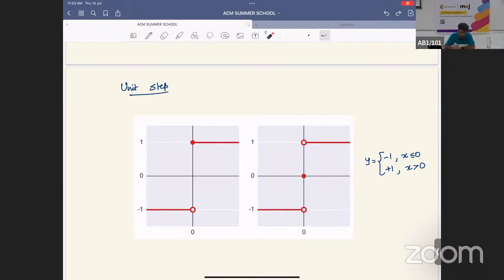And at 0, what happens? There is ambiguity here. Here, this dot says that for 0, you make it 0. Here, the 0 is pushed to 1. There are two variations. Here 0 you consider as positive. Here you don't consider 0 as either positive or negative. You make it 0 itself. The input itself is 0.